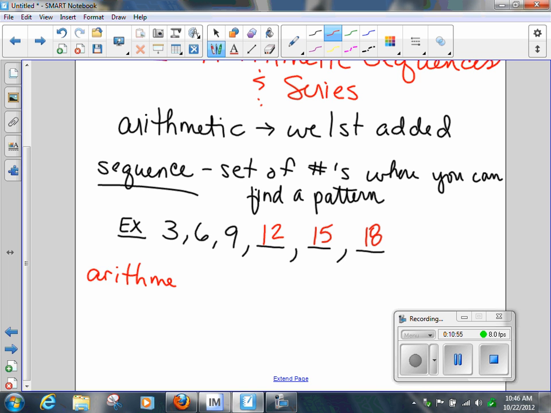Now, what the heck is an arithmetic sequence? Where you're adding or subtracting a number, or actually adding a positive or a negative number, right?